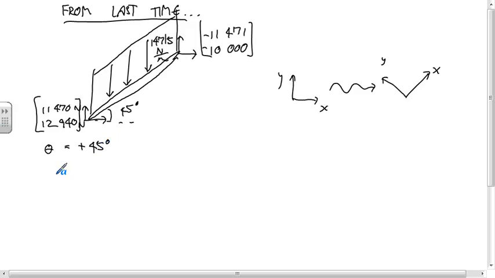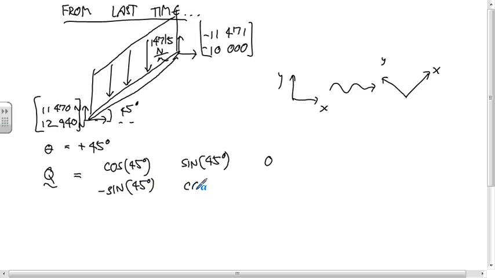And that means that the rotation matrix is equal to, well, what axis are we rotating about? Z-axis, yep. So we have cosine of 45, sine of 45, 0, and then negative sine of 45, positive cosine of 45, 0, and then 0, 0, 1.